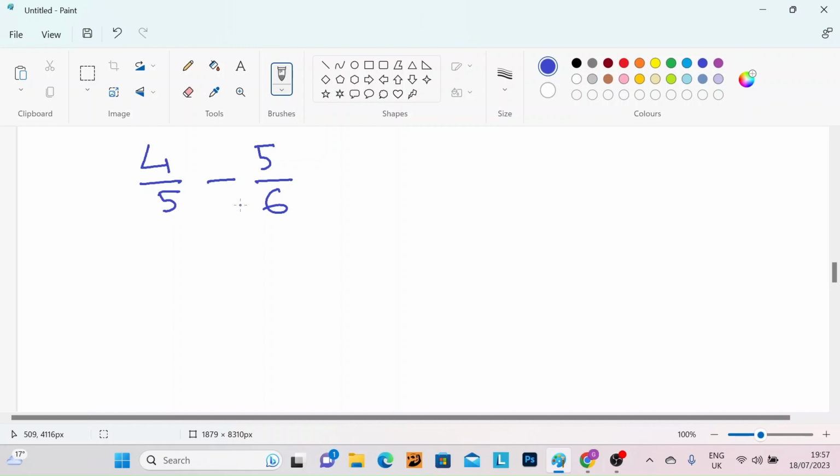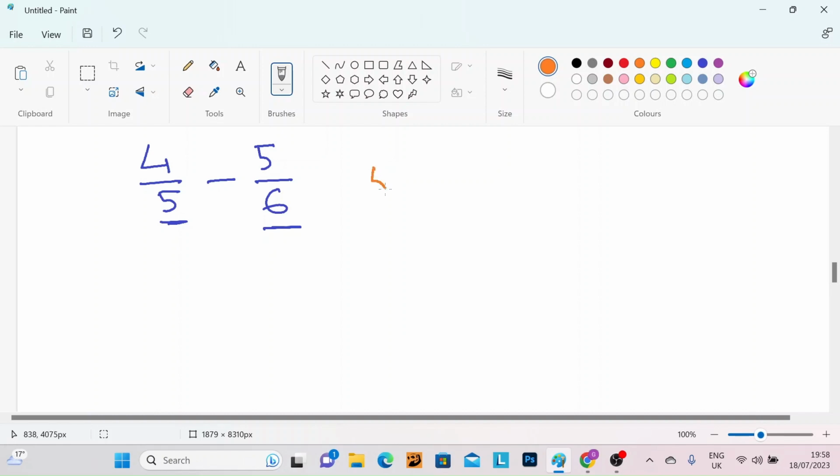So in order to perform the subtraction on these two fractions, we need to find the LCM of the denominators. How do we find the LCM of the denominators? By the prime number factorization method, which we have learned before.